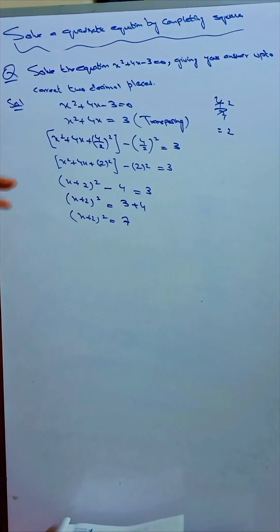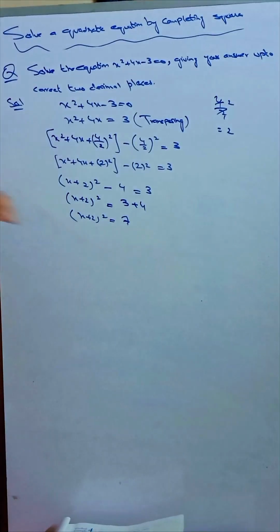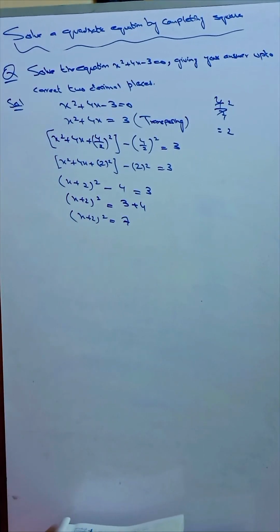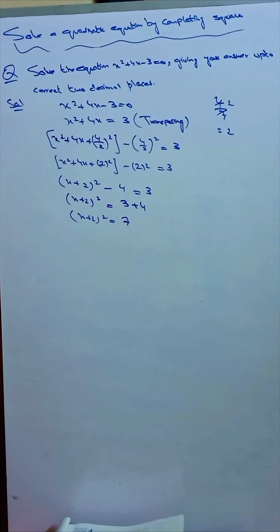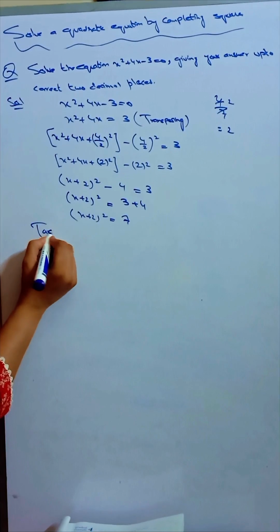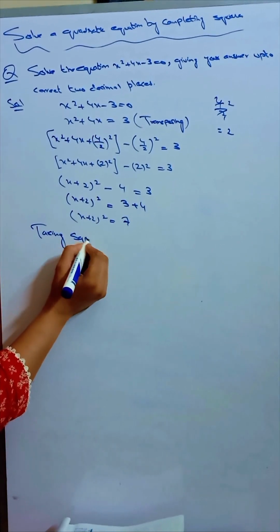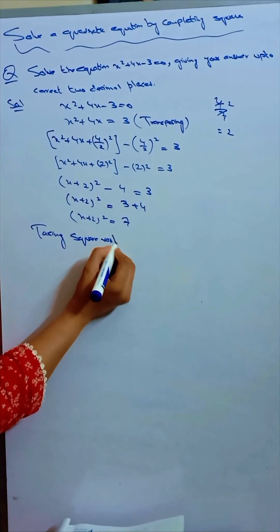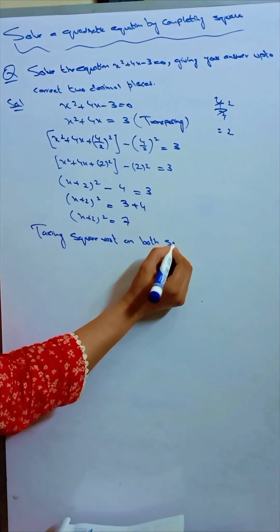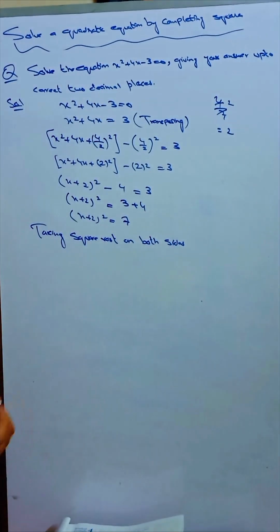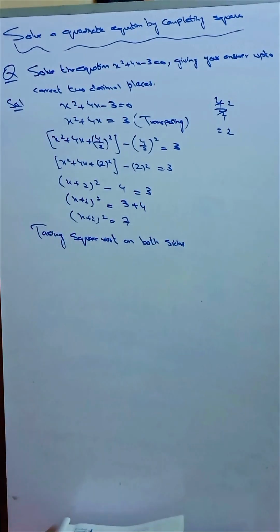Now, you have done up to this step from the previous lectures, alright? Now, at that stage, we will add a new step, that is taking square root on both sides. Square root, under root, whatever you want to say.